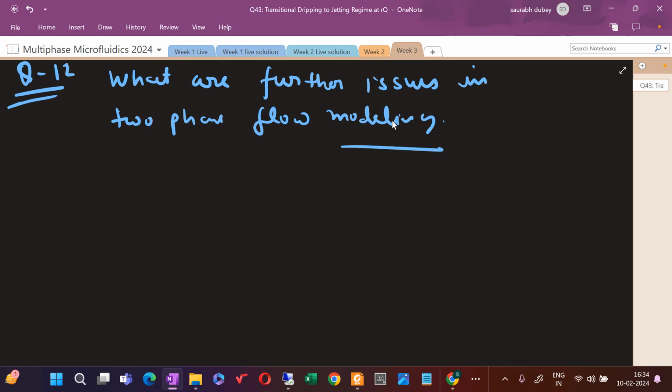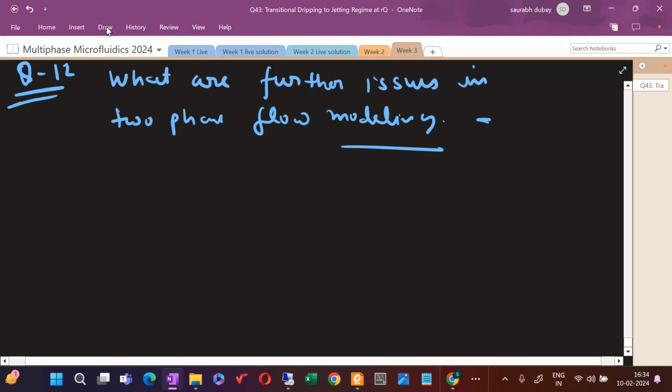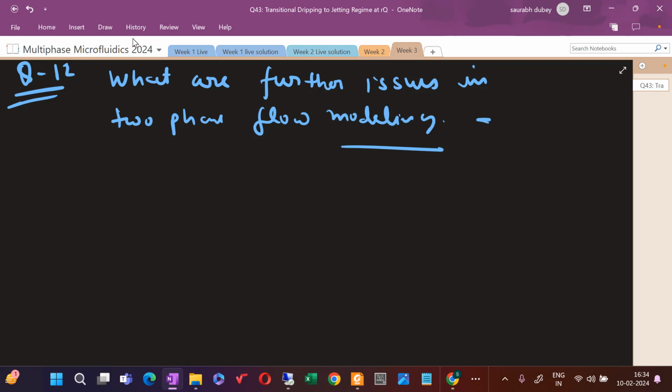In this particular slide, sir has discussed the fluid flow and two phase flow, whether two miscible or immiscible fluids or two phases are there. Based on this, one problem is contact line singularity.